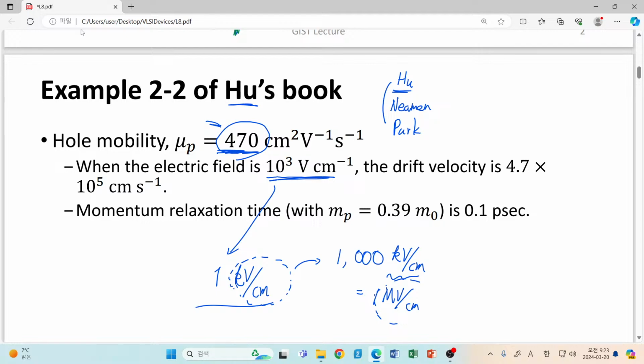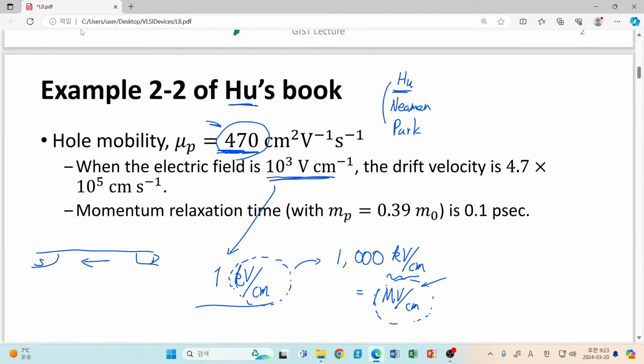But in this case, this level of electric field is not actually related to your transport. You will see this kind of electric field only in your silicon dioxide. Here you have a source and a drain, and in between we have a parallel electric field.